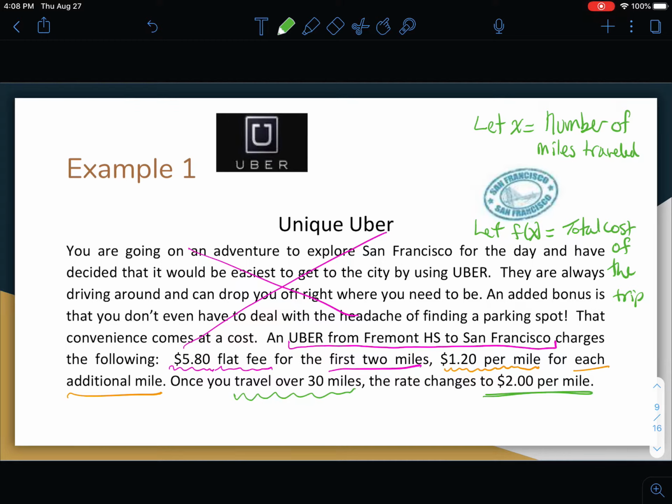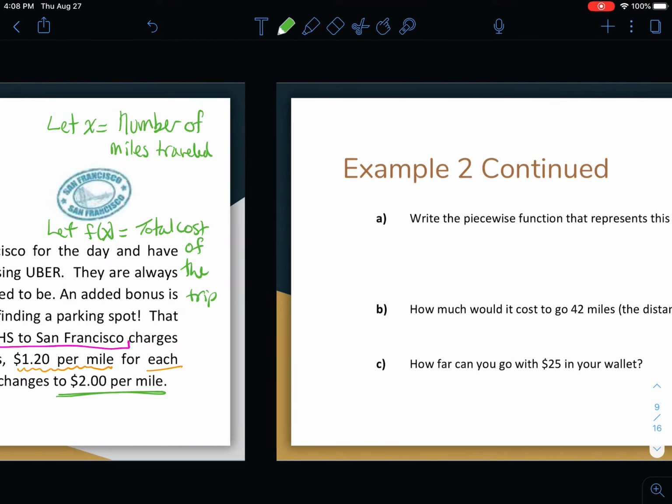Those are the 2 things we don't know. We're taking this trip. We haven't said how long the trip is mile-wise, and until we know how many miles, we really don't know the total cost of the trip. So those are the 2 quantities that are unknown. Now, if that does not shout out at you, again, you're going to read the problem a few times and try to identify which quantities are those variables that are going to be changing.